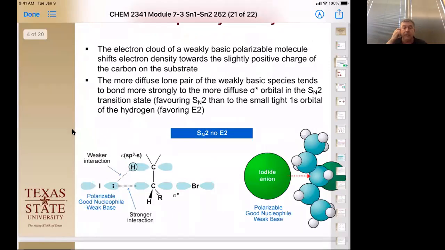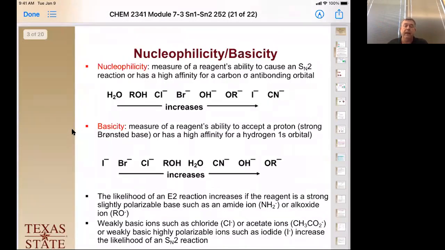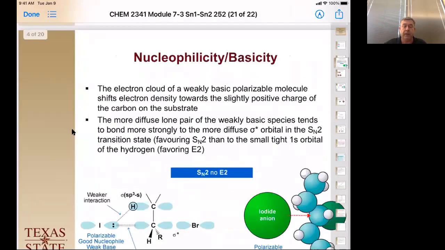Okay, so because of the polarizability on them, especially think about our nucleophilicity on this thing here, we have the iodine as a strongly nucleophilic. Part of that is because of the polarizability, okay?